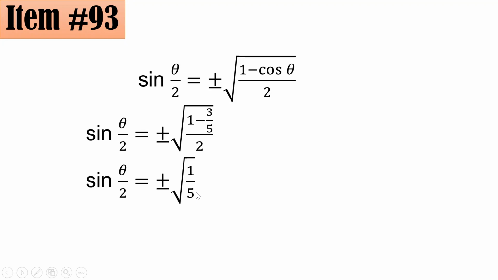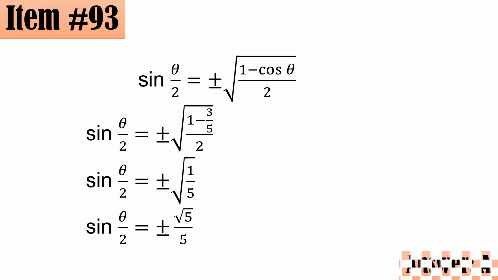That's why this expression has a value of plus minus the square root of 1/5. However, by multiplying both numerator and denominator by square root of 5, we get sine theta all over 2 as plus minus square root of 5 all over 5. Letter A. So we'll go with letter A.